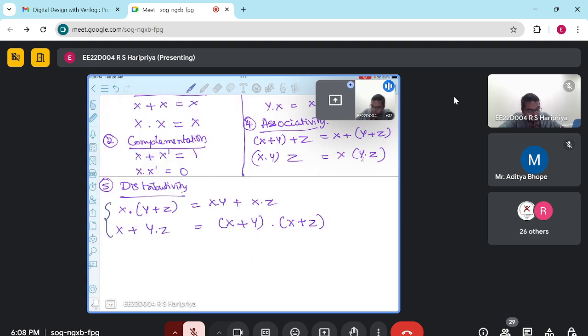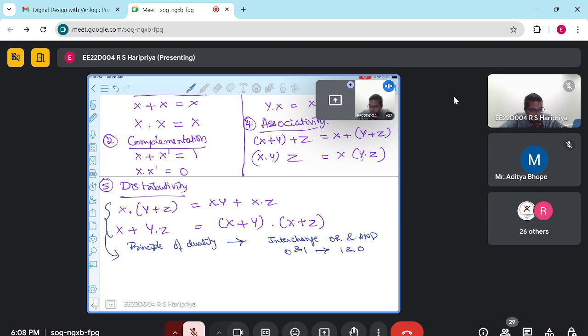Let me use this property to explain the principle of duality. I hope you know that we have to interchange OR gate with AND gate and AND with OR, and constants 0 and 1 with 1 and 0 respectively.